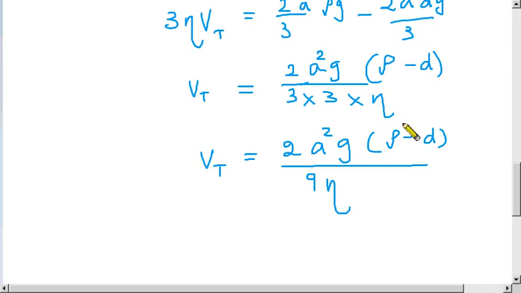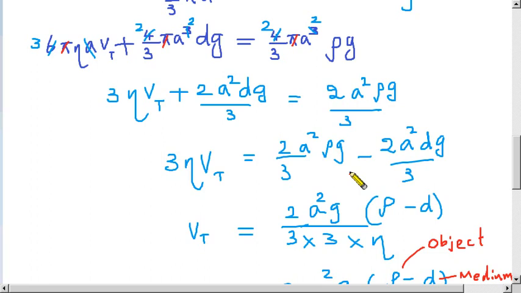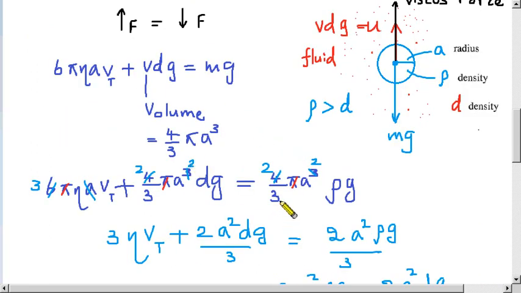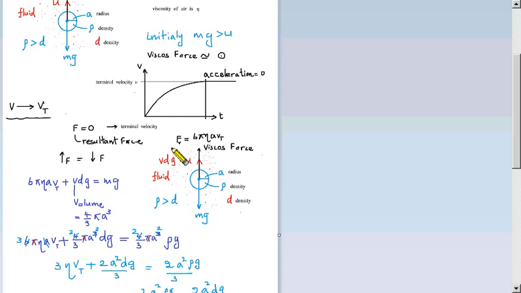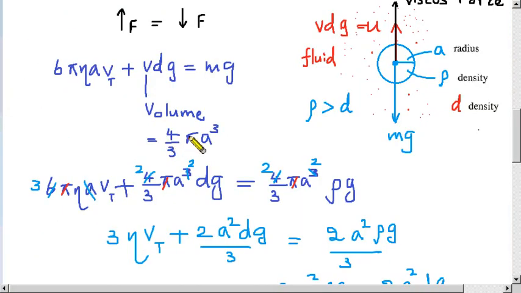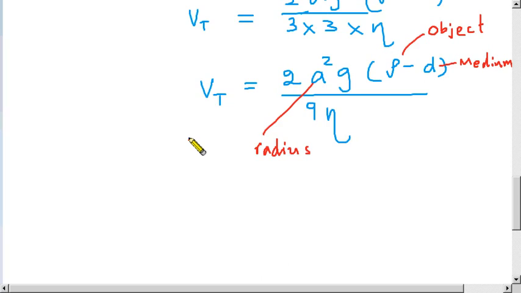This is the density of the object, this is the density of the medium, and this one is the radius. So I think it is clear. You have to follow this path, so you have to keep deriving this equation at least once a month.